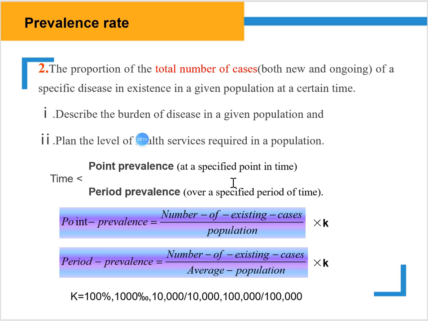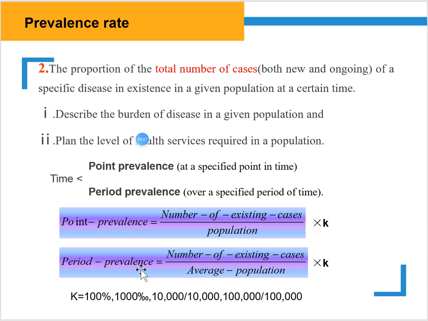If the time of investigation is very short, or at a specified point in time, that is point prevalence, the numerator of point prevalence is the number of existing cases at a specified point of time, and the denominator is the number of population observed at the same point of time.